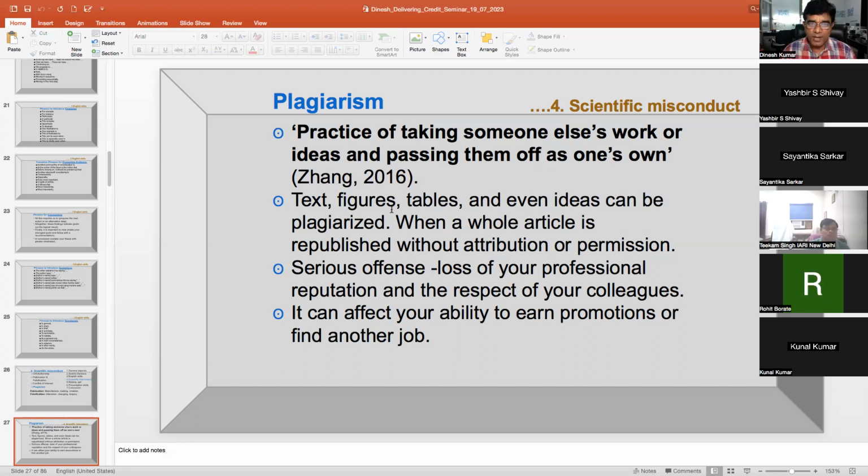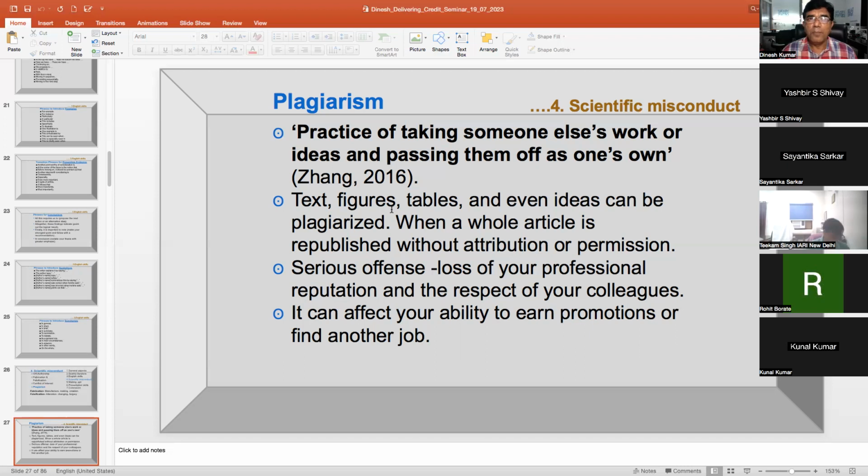One should avoid them. If somebody is writing a new book and wants to use some pictures from other books, he or she needs to take permission from the publisher. And if the publisher gives permission, you can use that picture in your book. Similarly, in a presentation, there are no such restrictions.